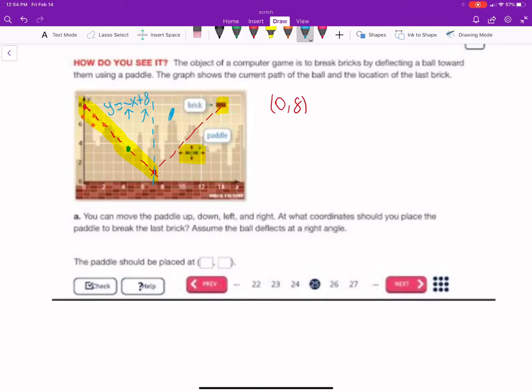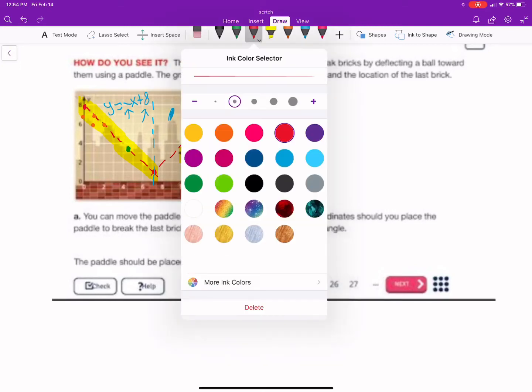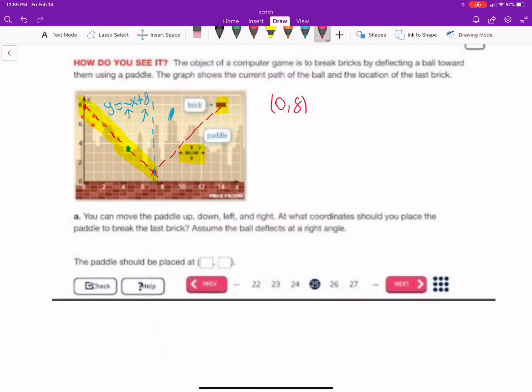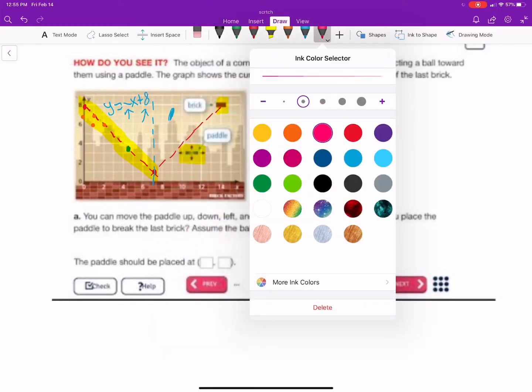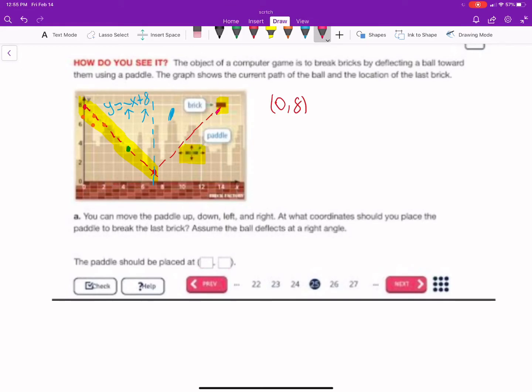Now, with that in mind, the brick side over here is going to have the exact same slope. It's going to have the same slope because it assumes the ball deflects at a right angle.